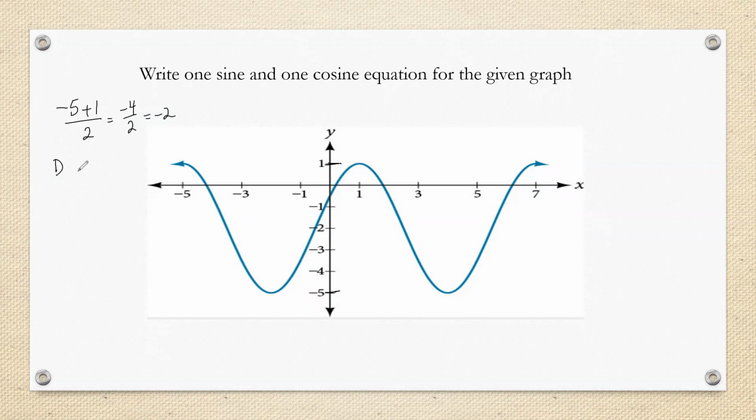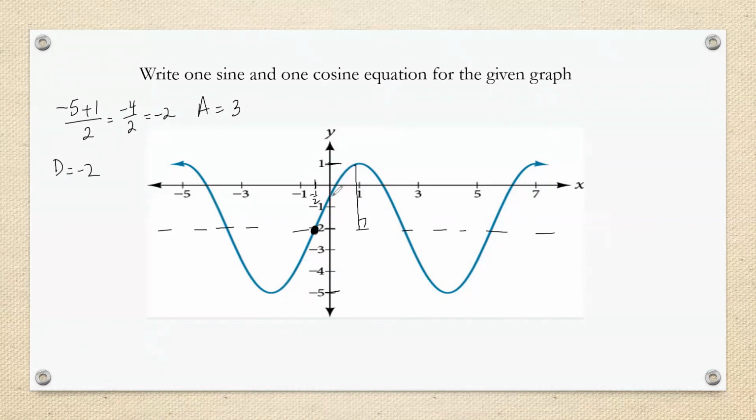So D is -2, which again gives us the value of A; amplitude is 3. If I want to start from the midline, you can just see that the graph is at the midline right here. I have to show a phase shift to the left about half. I think it's halfway between 0 and -1.